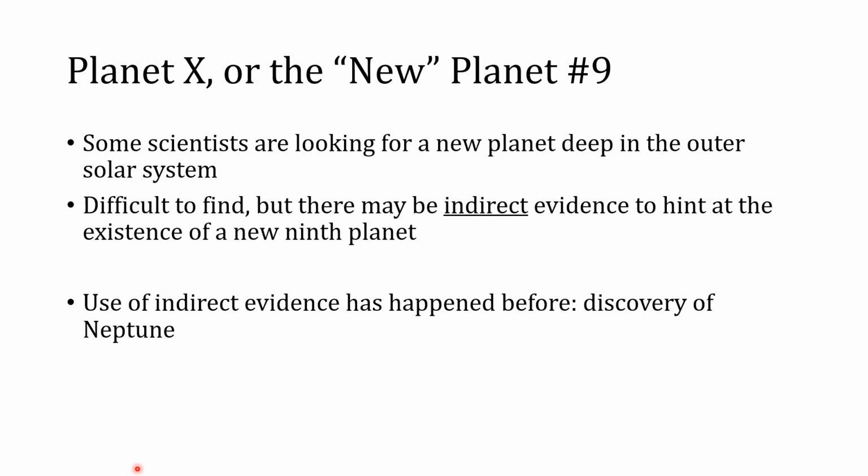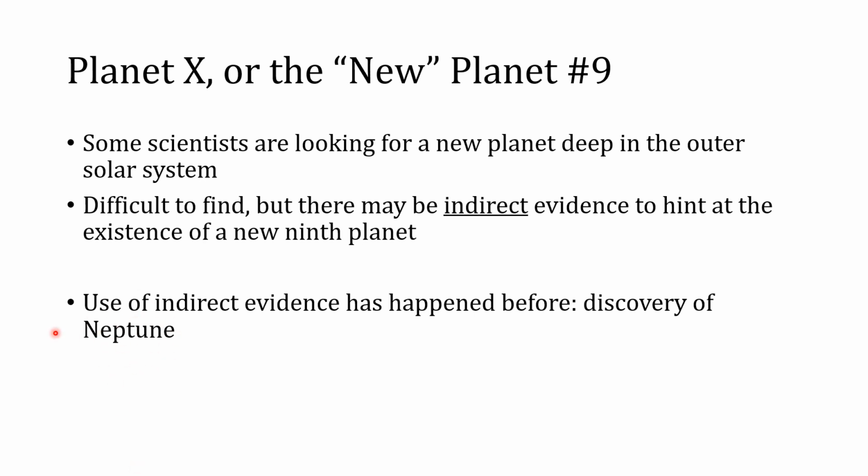Basically, the scientists of the time were looking at the predicted movement of Uranus, and they were looking at what actually happened, and they said these two aren't lining up, but they would line up. The equations, the math, all the predictions would line up if there was another planet out there pulling on Uranus. So they pointed their telescopes there, and they found Neptune.